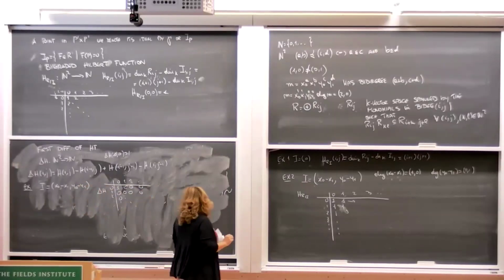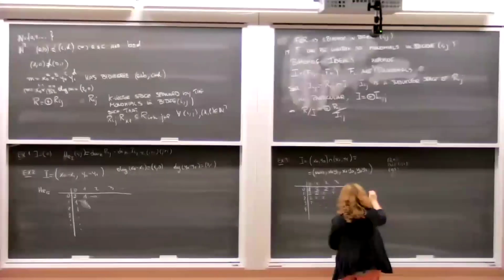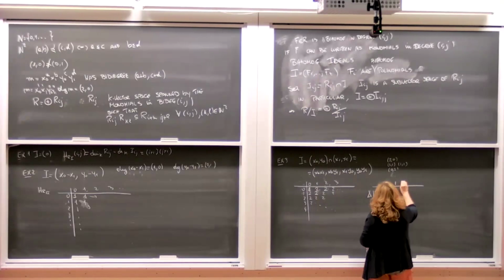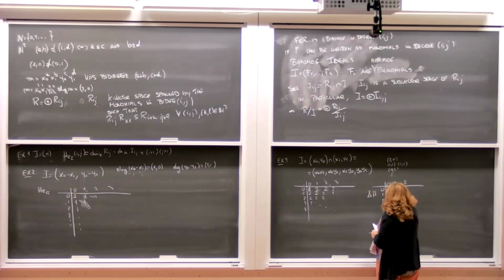But if you compute the Hilbert function of this guy, the first difference of the Hilbert function, you get 1, 1, 0, 1, minus 1, 0, and then 0, 0, 0.